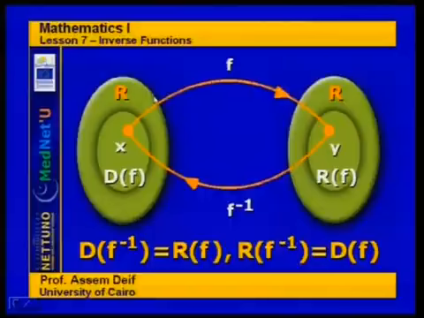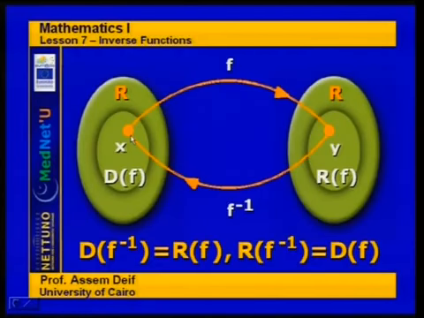Same thing applied to the domain and range of the inverse function to this function. Now, here again, we set the fact that since f is a rule of correspondence that assigns to every x in the domain of f one unique y in the range of f, therefore, f minus 1 must do the opposite job, in that it maps one value of y in the range of f into one value x in the domain of f.